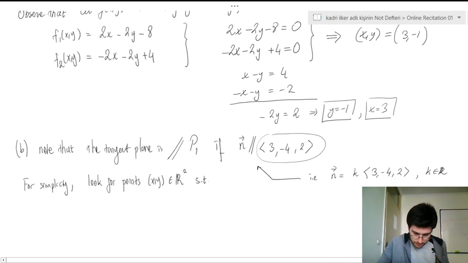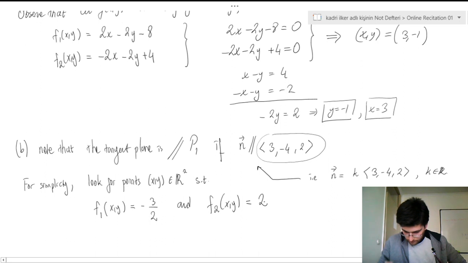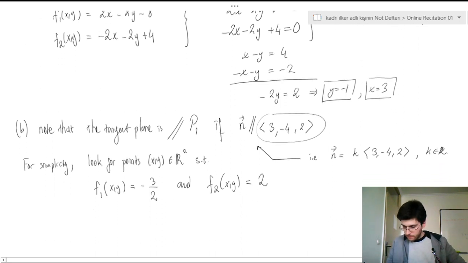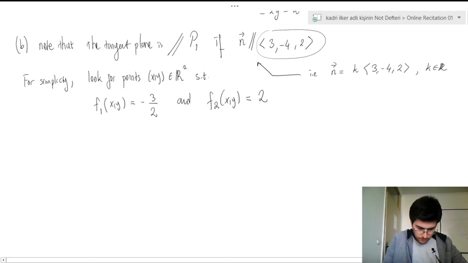Therefore, it's enough to look at f1(x, y) equal to minus 3 over 2, and the other condition f2(x, y) should be 2. Then, as before, we solve the linear system, exactly the same thing.